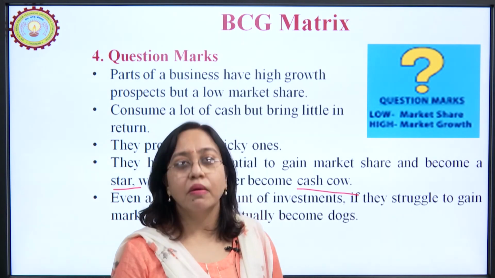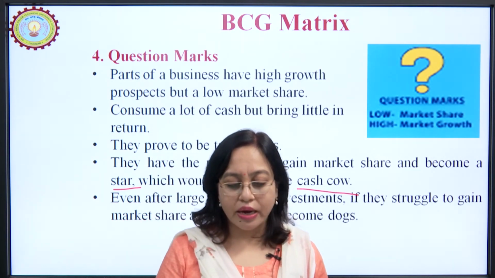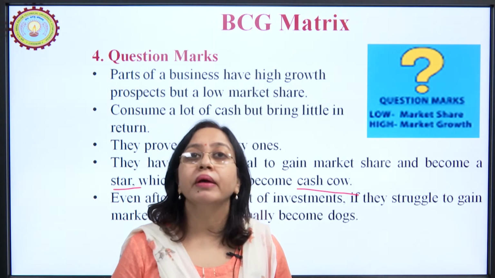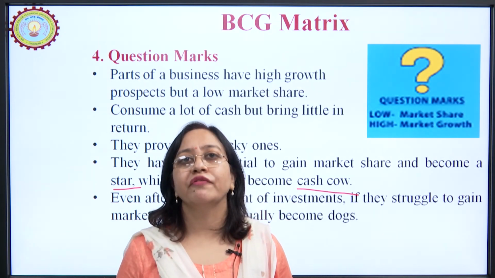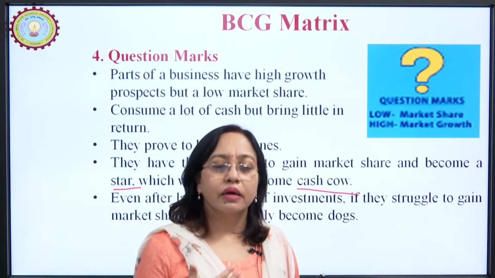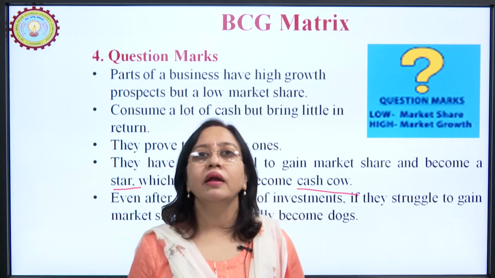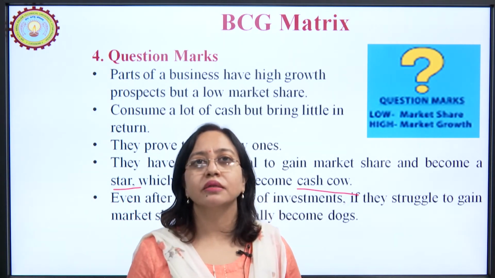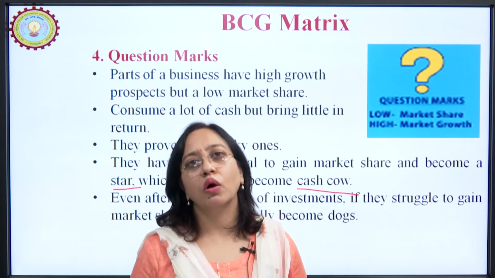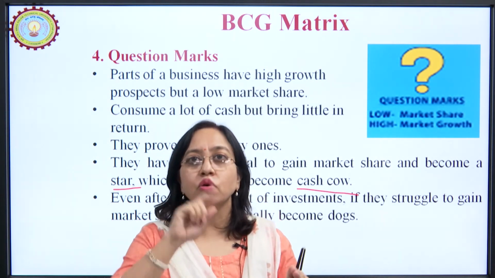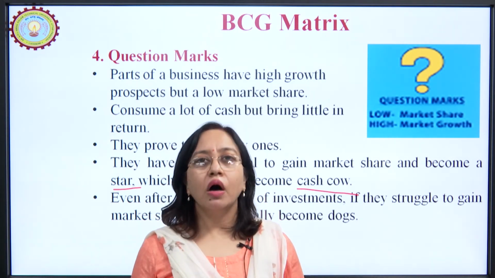Even after large investments, if they struggle to gain market share, they eventually become dogs. So, if they are not able to gain market share and do not become stars, what will they become? They will become dogs. That is why a question mark is used as a sign for them, because they can move either way.